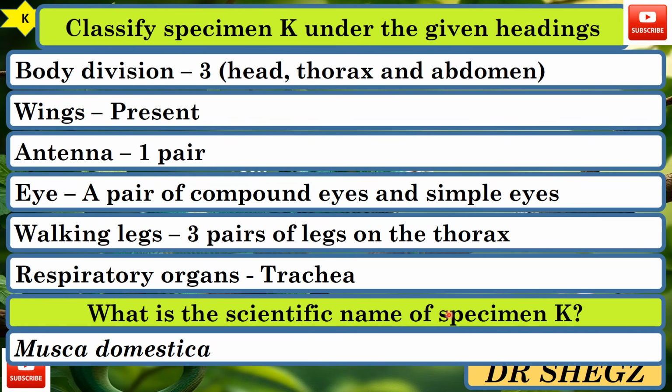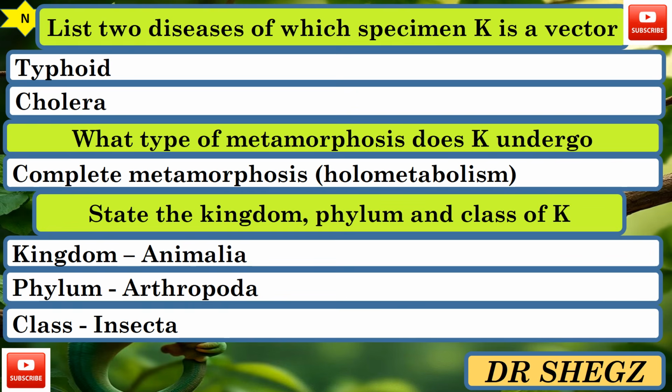What is the scientific name of specimen K? Musca domestica. Two diseases of which it is a vector: typhoid, cholera. Metamorphosis, it's complete metamorphosis.